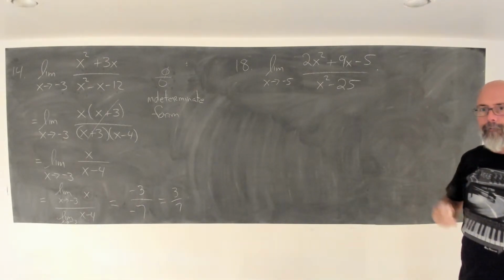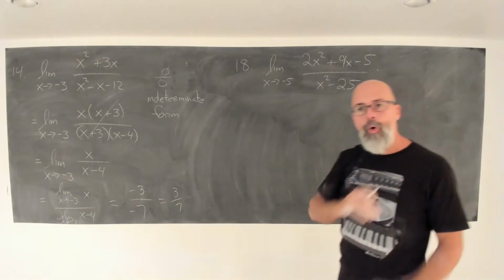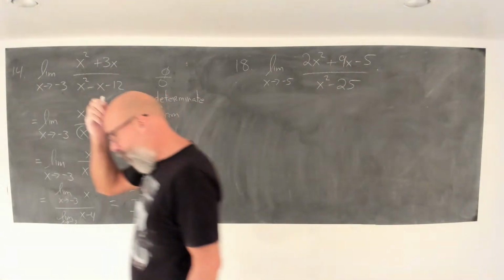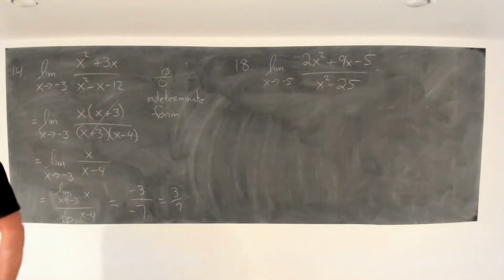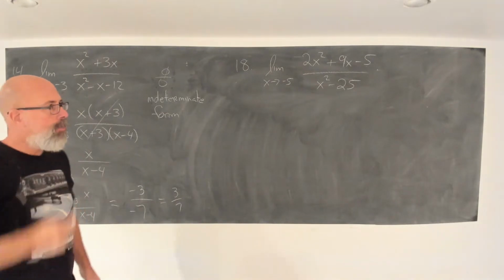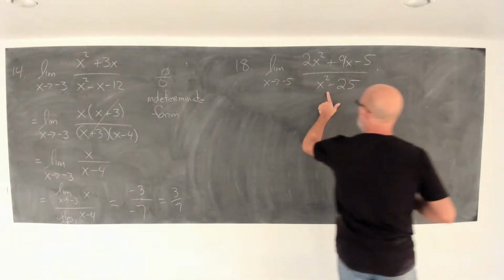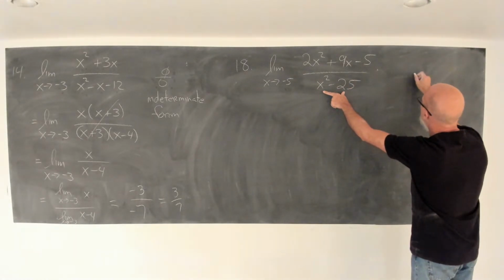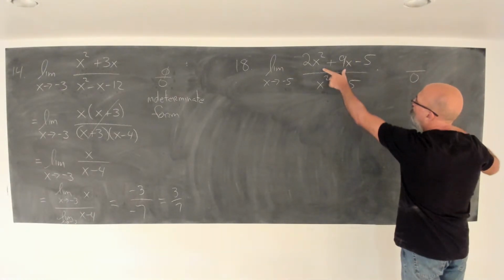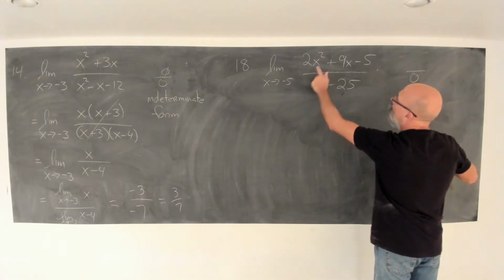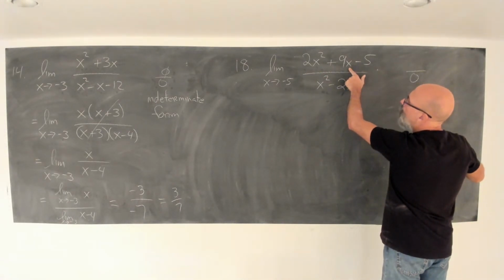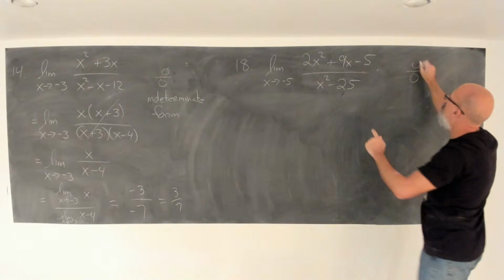Consider this. We again have a quotient, and you know the limit of a quotient is the quotient of the limits as long as the limit of the denominator is not 0. But in this case, easily seeing that the limit of the denominator is 0, what about the numerator? 50 minus 45 is 5, minus 5 is 0.